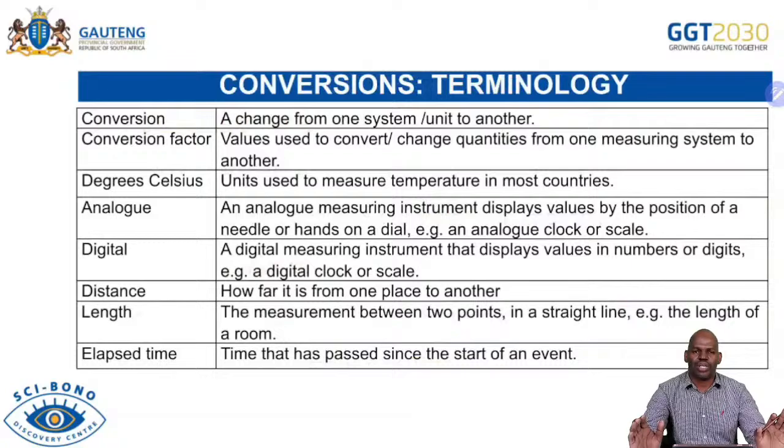Okay, boys and girls, in every section, in every topic, we are working with terminologies. There are certain terminologies that you will encounter during a section or during any topic. In Maths Lit, we always emphasize that our learners should be able to give the definitions, must be able to explain the terminologies.